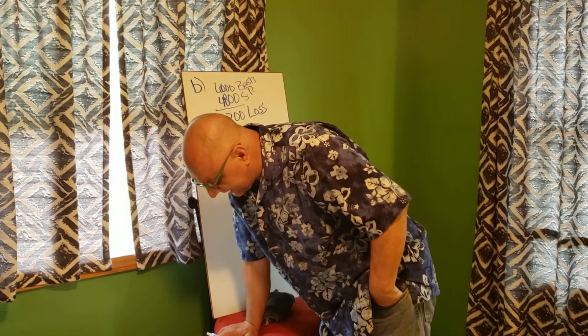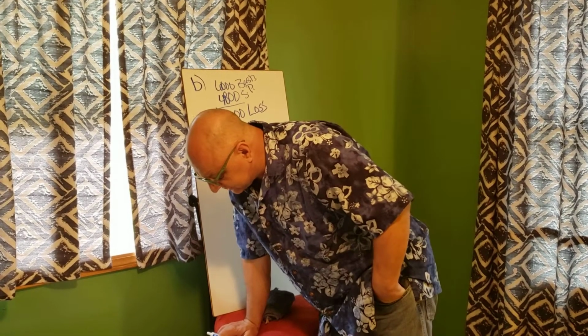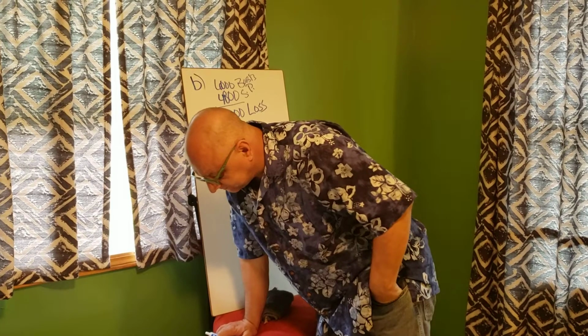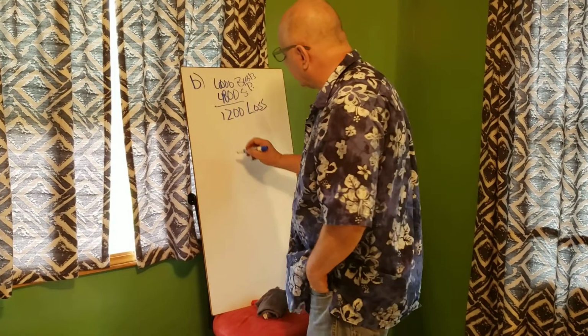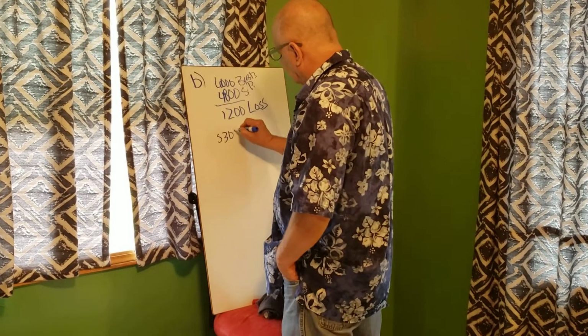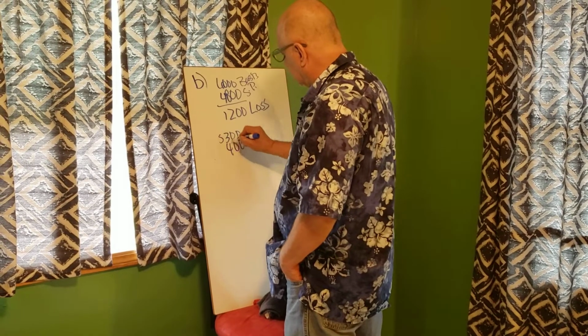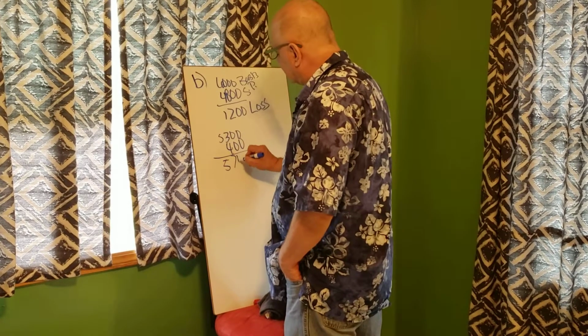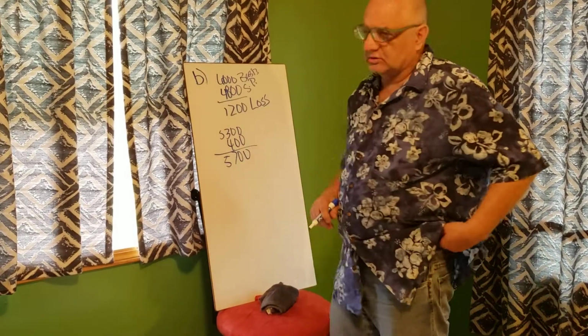On February 19th, Elena purchases 500 shares of Courtney common stock for $5,300 plus a $400 commission. So that gives us $5,700 total.